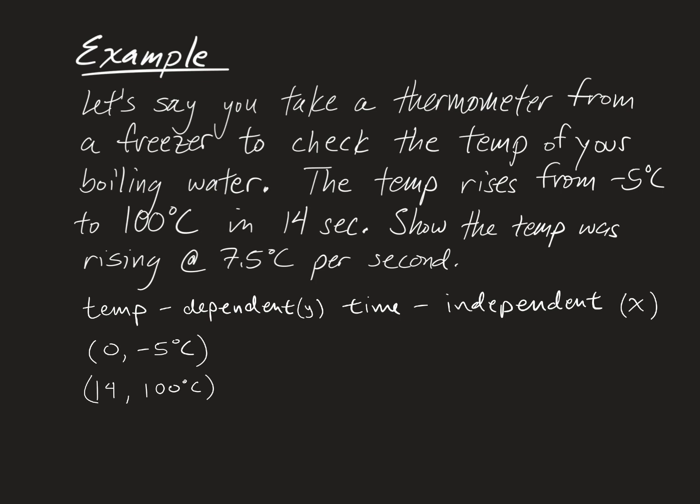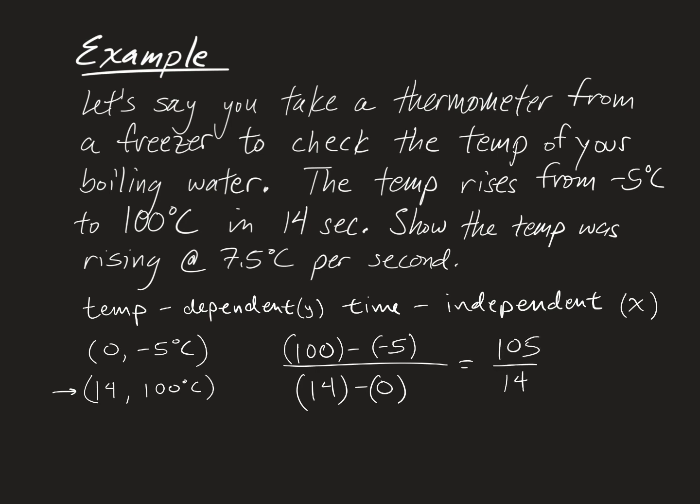So f of b, the later time, the function value would have been 100 degrees Celsius minus -5 degrees Celsius, which would have been f of a. B minus a would have been 14 minus 0, aka 14 seconds. So we would end up here with 105 over 14, which is 7.5 degrees Celsius per second, if we have the units there.